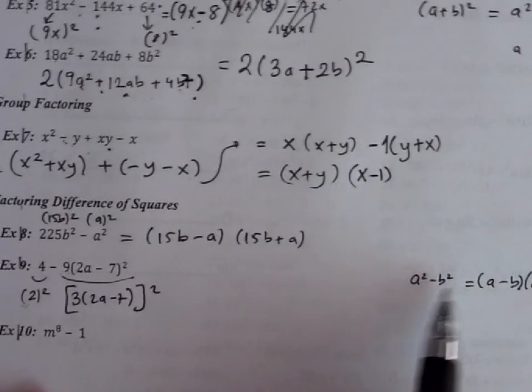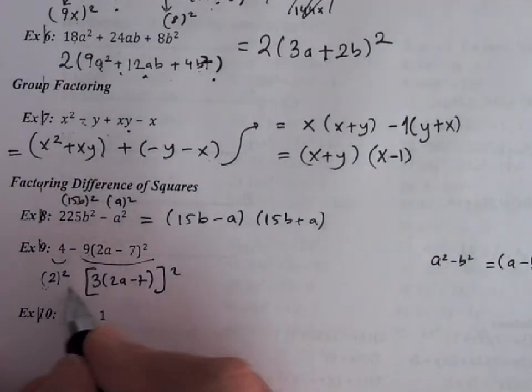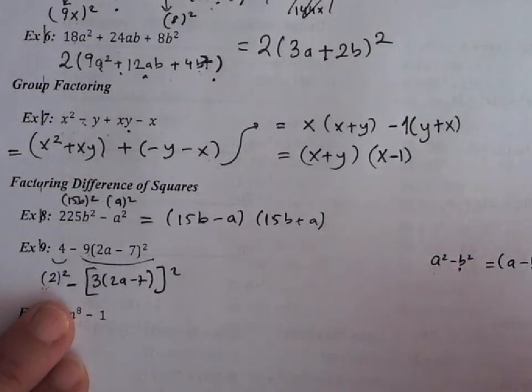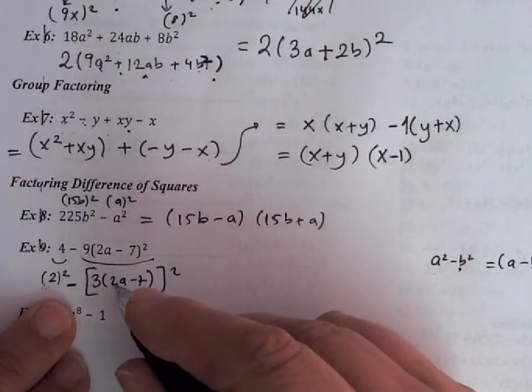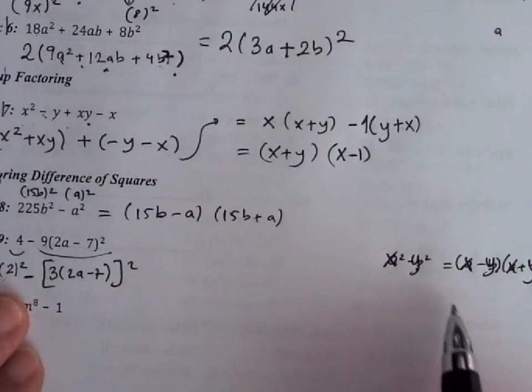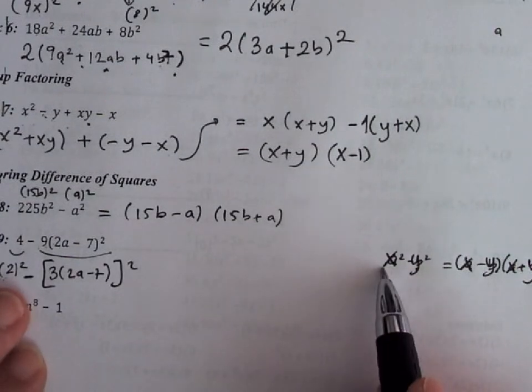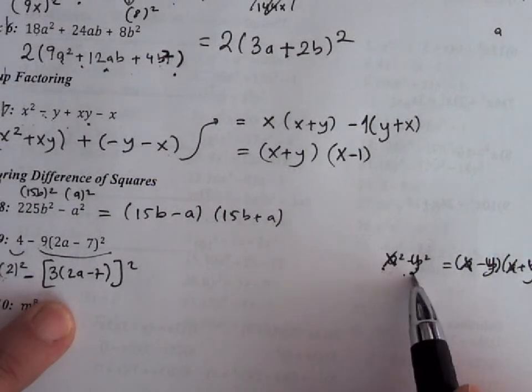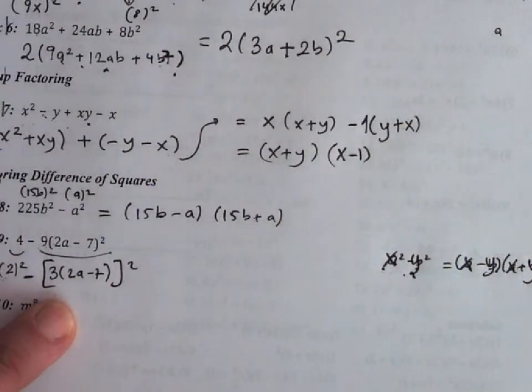Now if you compare this with a square minus b square, or if you don't want to get confused with this a, you could also use x square minus y square, x minus y, x plus y. Then you can see that x is matching with 2, y is matching with 3 times 2a minus 7. Now let's factor it as x minus y, x plus y.